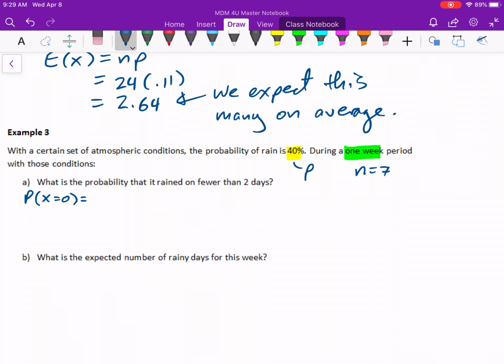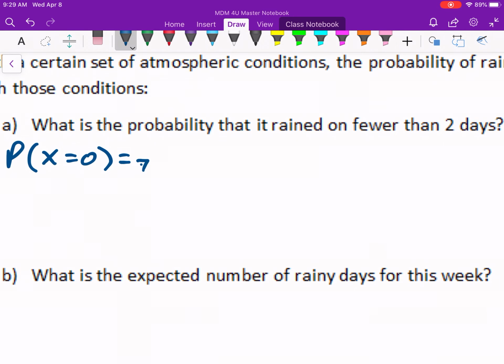And of course, q is the only other thing I haven't written down. That's going to be 1 minus 0.4, 1 minus 40%, so 0.6. So there's everything I need. So 7 choose 0 times 0.4 to the 0 times 0.6 to the 7. That works out to be 0.028.